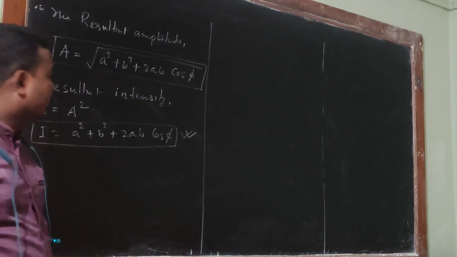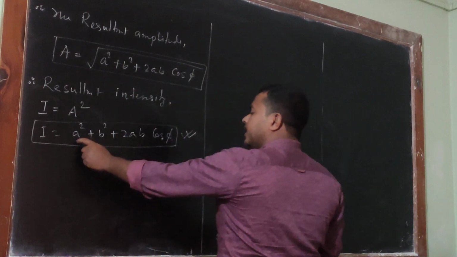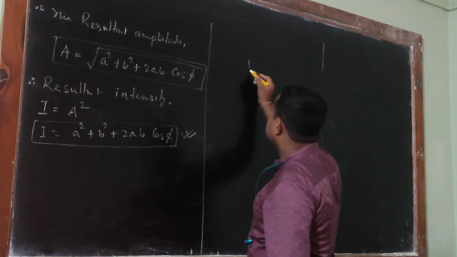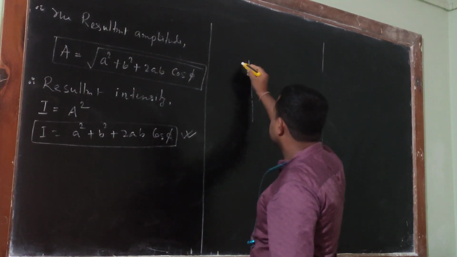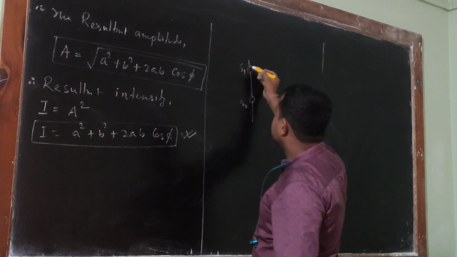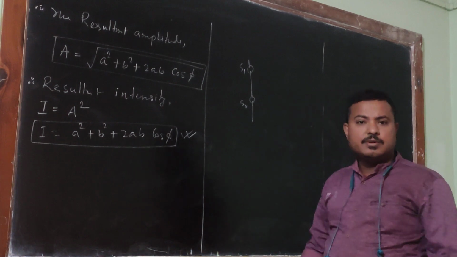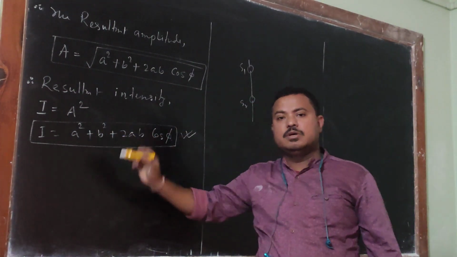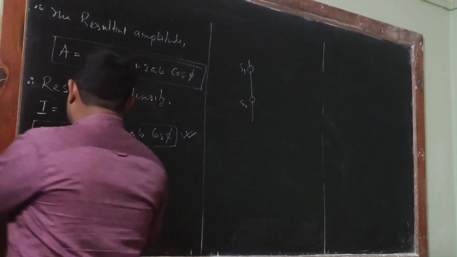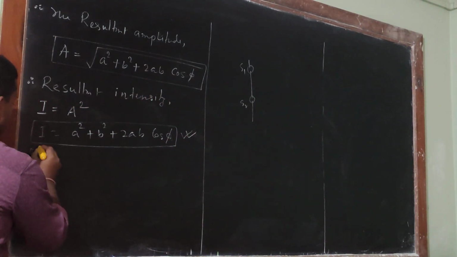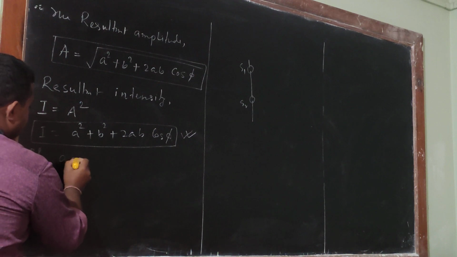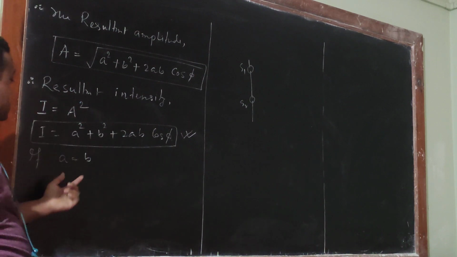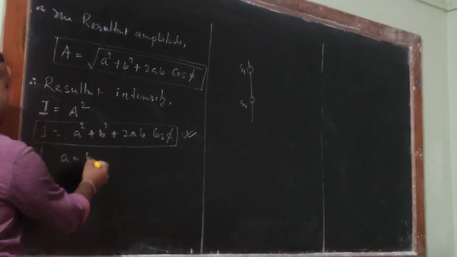So amplitude may or may not be different. In fact, you know the amplitude of the two waves depends on the slit width. We are considering two slits, S1, S2. If their widths are equal, then equal amount of light passes through. That means intensity will be the same and then amplitude also the same. So if you consider equal amplitude, then what will be the formula?